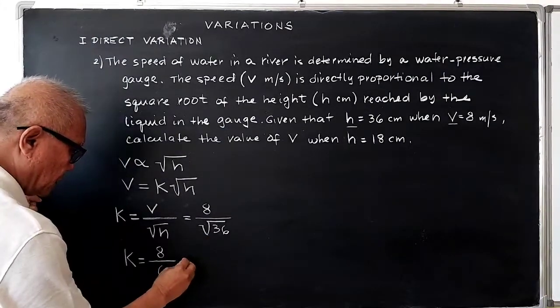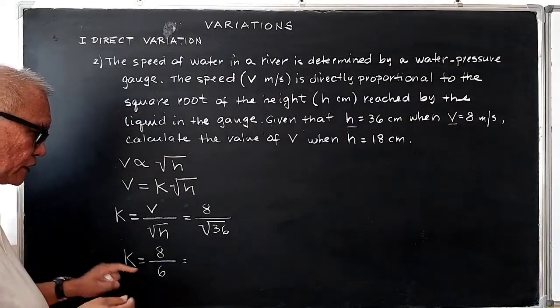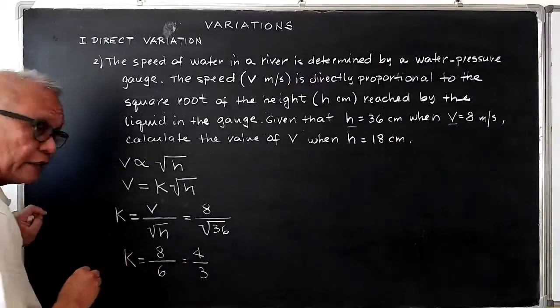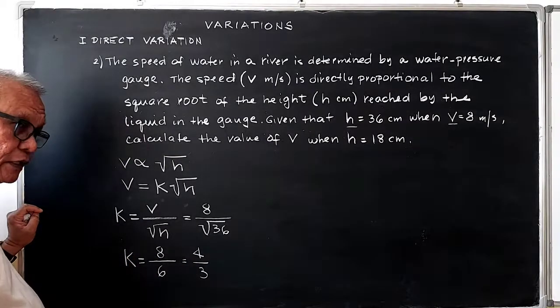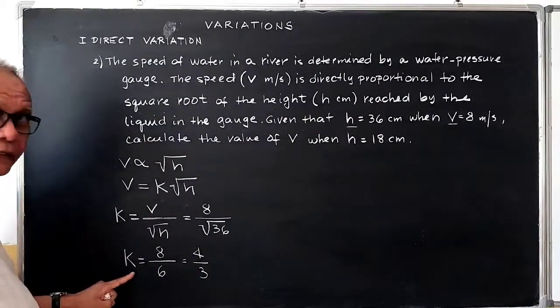And here, let's get the lowest term. So 8 over 6 is 4 over 3. So we're going to use 4 over 3 instead of the decimal. Okay, that is our K.